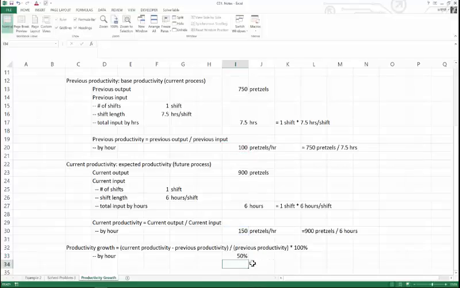So the growth is 50%. Let me be more specific.